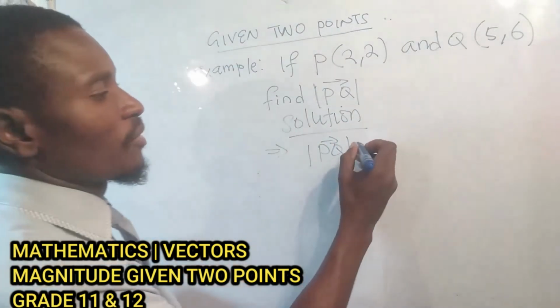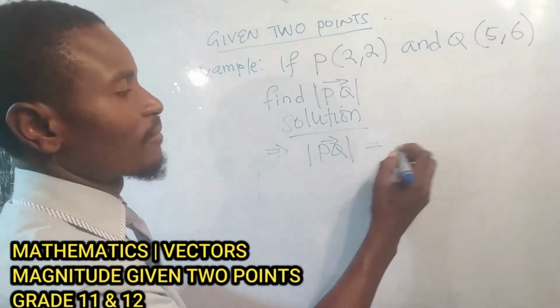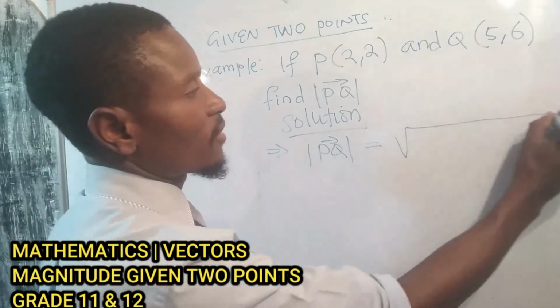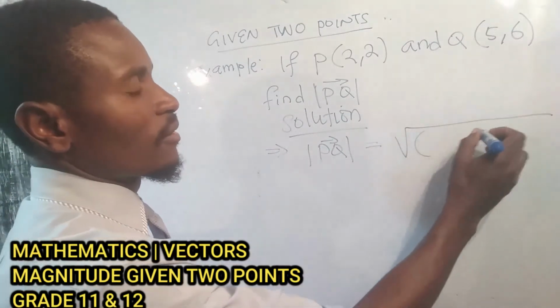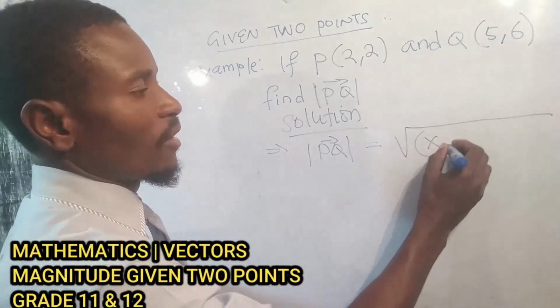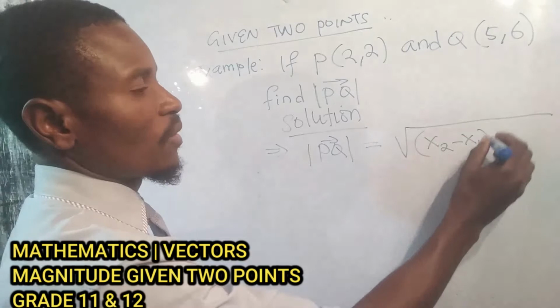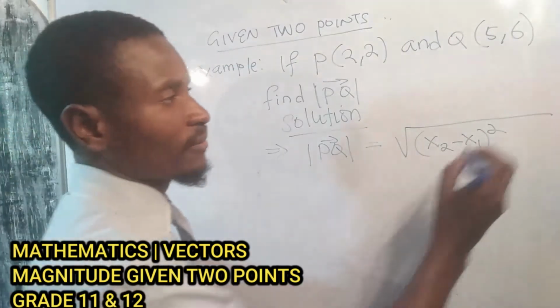It's just an extension, so you say x2 minus x1, and then we square it.